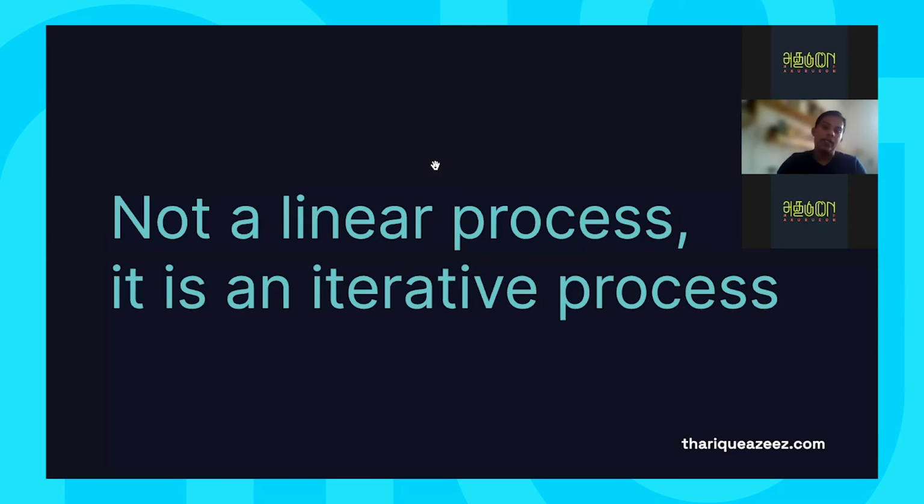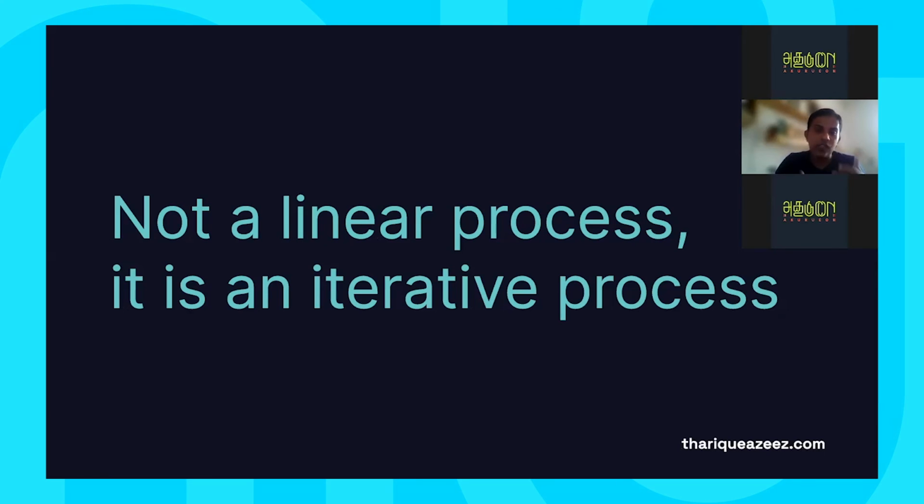So the initial thing is that we have to know that it is not a linear process, it is an iterative process, which means you keep on finding ways to connect these elements together, and how you can connect and make your own letter forms that resemble or give you an idea. So that's what I really think.